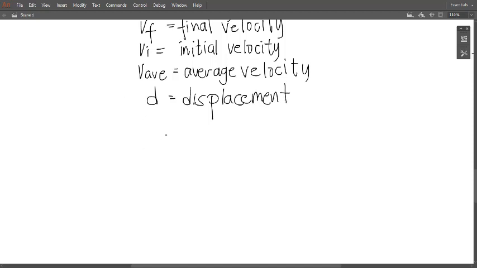After displacement, we have t, means time, and a, lastly, for acceleration.